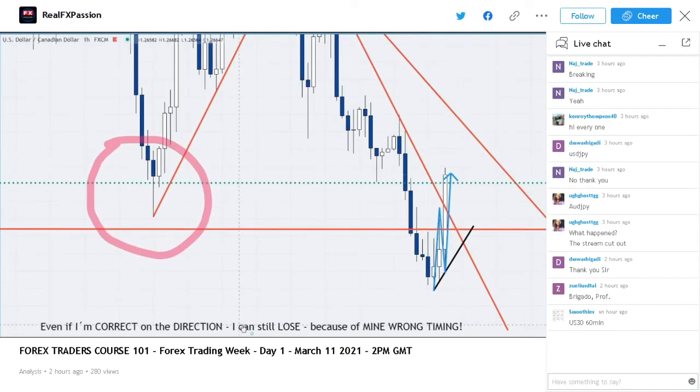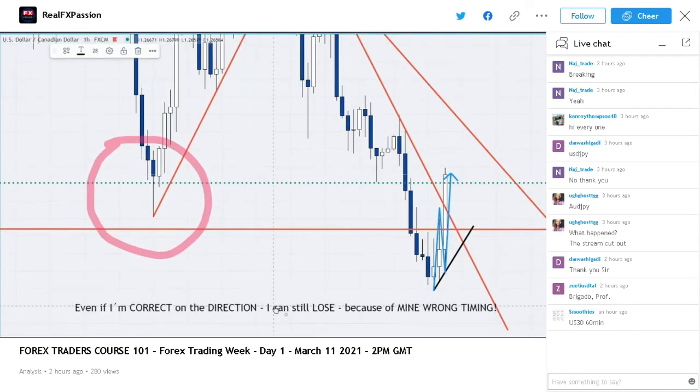Tell me, does this make sense to you? That we need to wait for some kind of confirmations, sometimes from a smaller time frame, sometimes from a bigger time frame, depending on the style. Okay? See, everybody, what is the market doing?